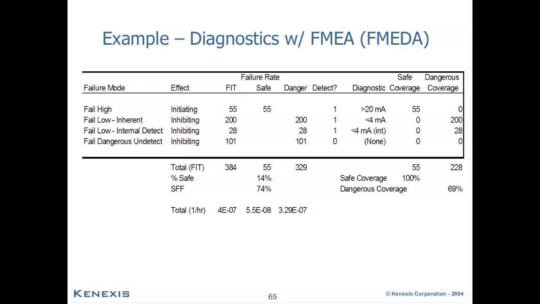So this would allow us to obtain a safe failure fraction of 74%, where, as available before, if we did not have diagnostics available to us, we would have only the safe failure percentage of 14%, the amount of safe failures available to us without diagnostics.